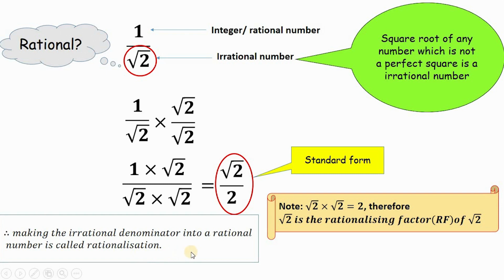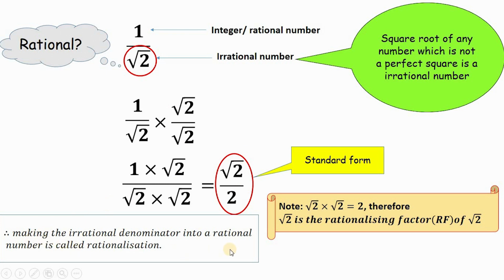Therefore, making an irrational denominator into a rational number is called rationalization of the denominator. Here we made the denominator, square root of 2, into a rational number, that is 2, and these two numbers are equivalent, or the same. So this is called rationalization.